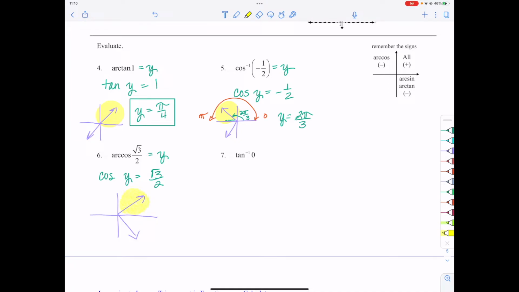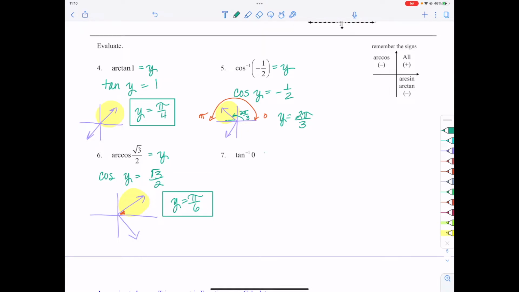Of course, we have to choose quadrant 1 because we have to give an angle between 0 and pi. And so we will have this angle here, and we know that y is equal to pi over 6, because the cosine of pi over 6 is equal to root 3 over 2.